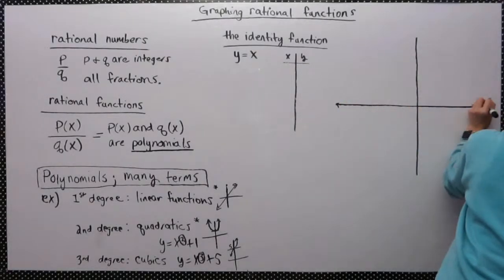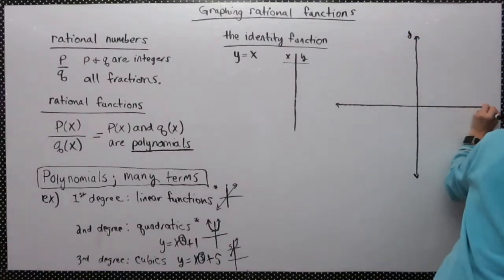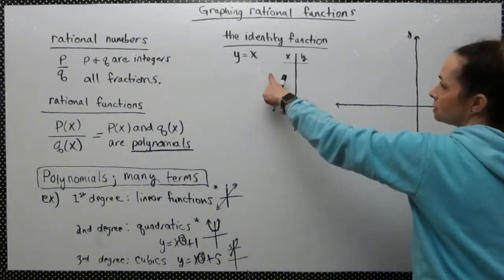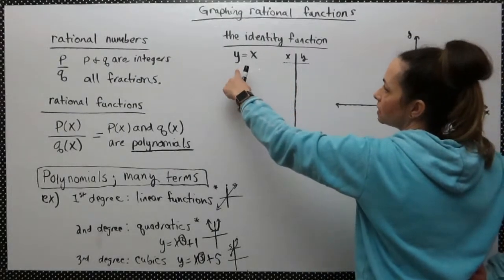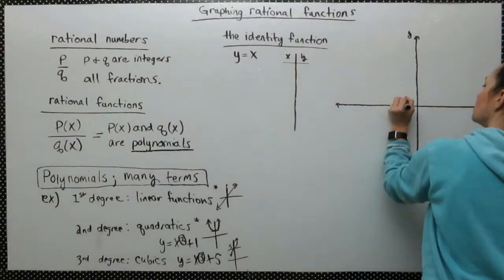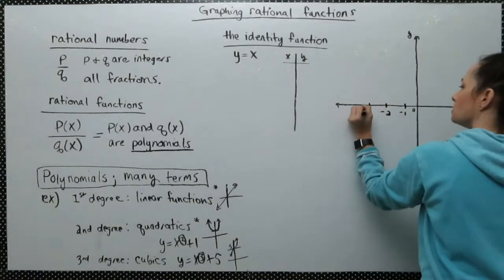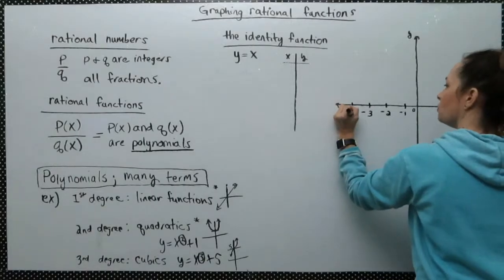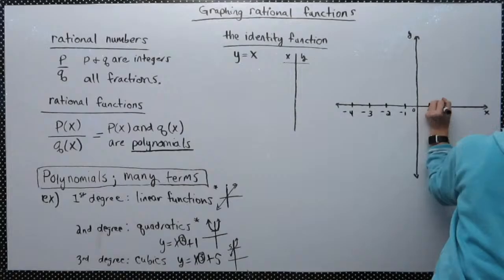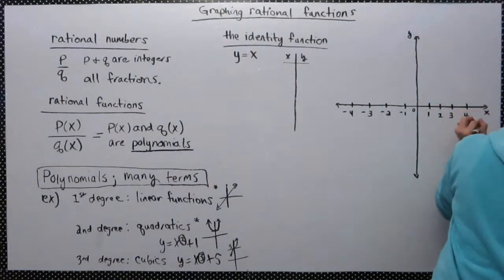And I've talked a little bit about this identity function, but we'll sketch our little Cartesian coordinate system here. And then recall the identity function, every value of y equals x. So if I want to pick, we'll just pick some points here. We'll pick 0, -1, -2, -3, -4, and we'll have a nice symmetrical graph. 1, 2, 3, 4.